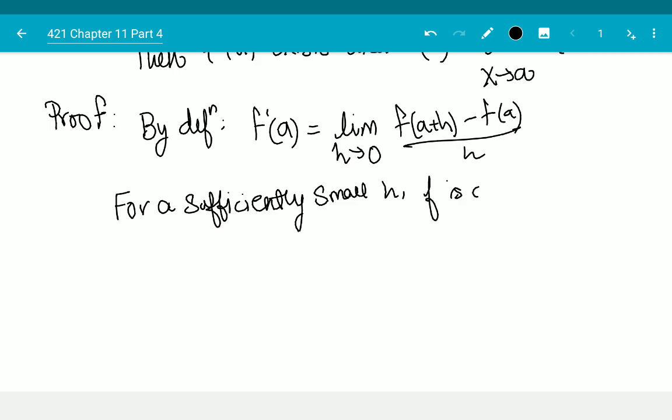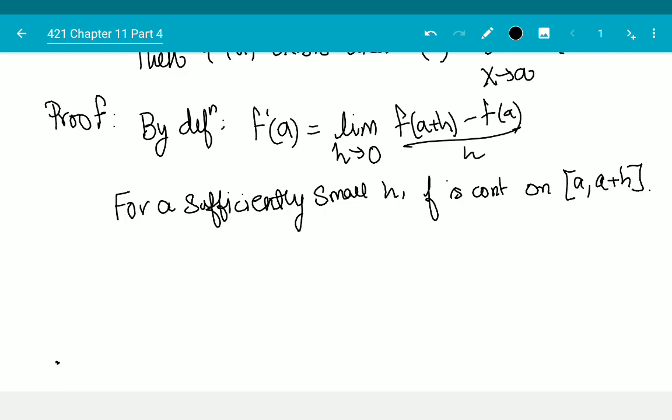F is continuous on a comma a plus h. This is easy to see.